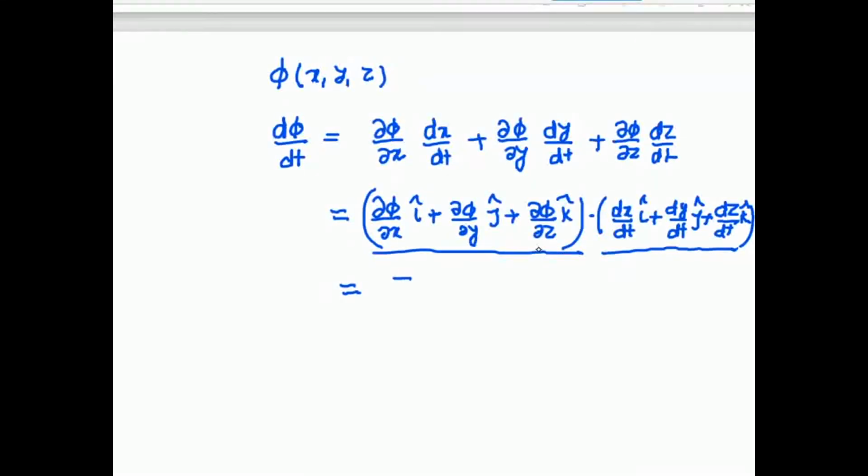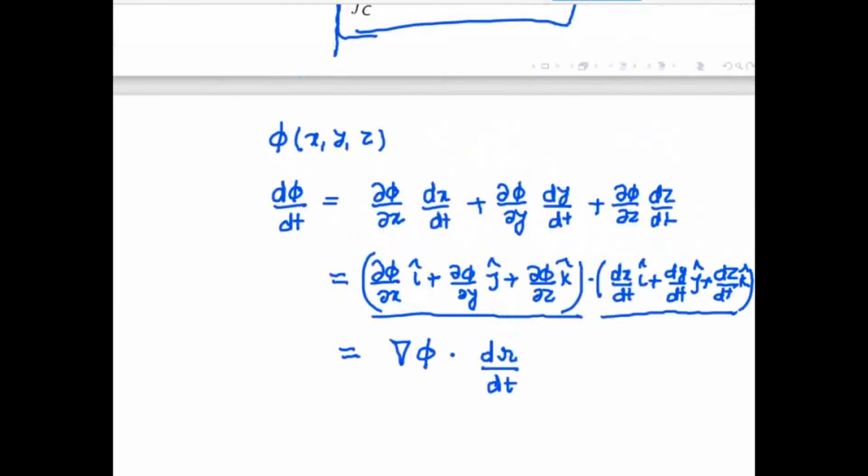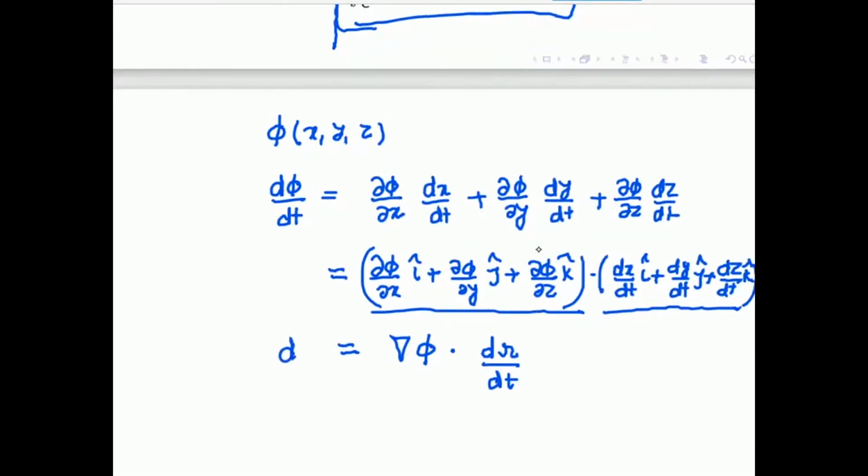This one is the grad phi, and this one is dx by dt, dy by dt, dz by dt. So can we say that this is dr by dt? Yes, that means r dash. So from here we can say that d phi by dt equals this.